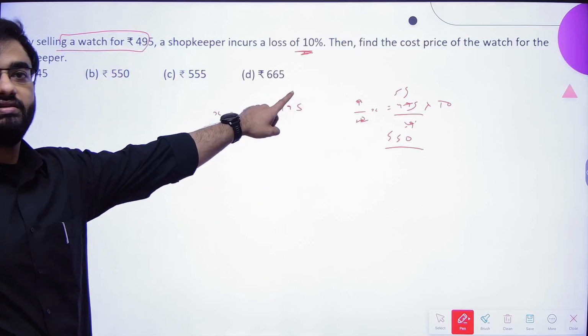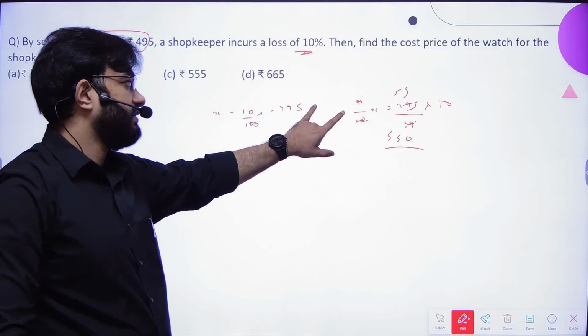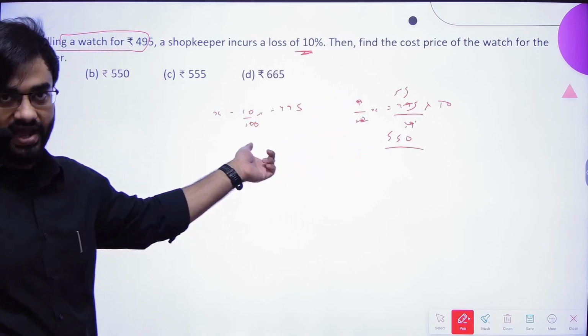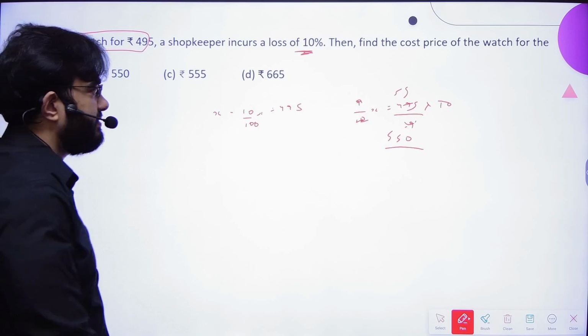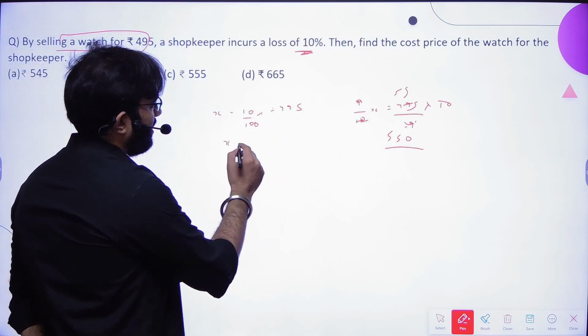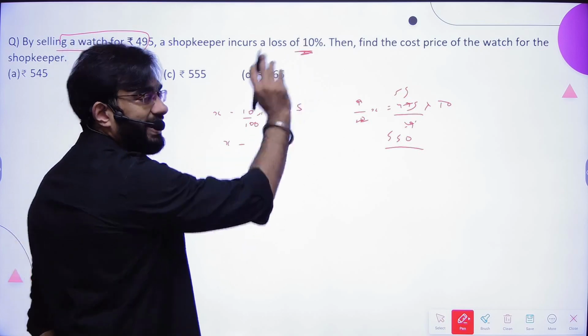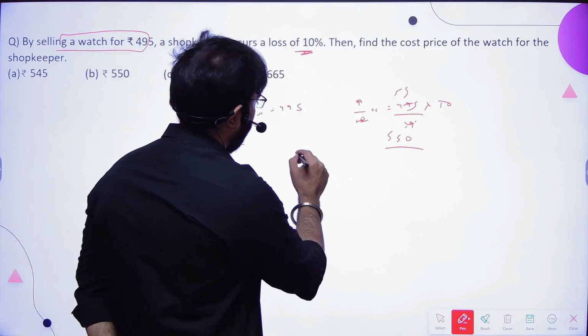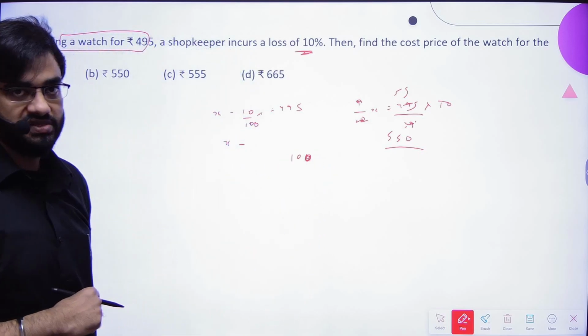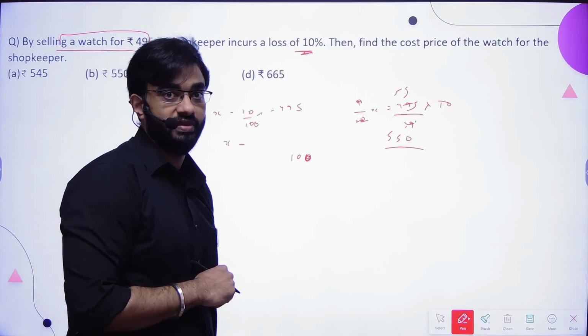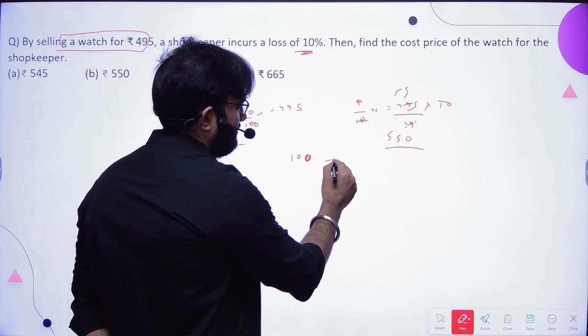So this is the essence or the benefit of remembering the fractions. Otherwise, if you regularly practice, then for example, if the cost price of an item is 100 and a 10% discount is being given, what will it be? Simply 90.